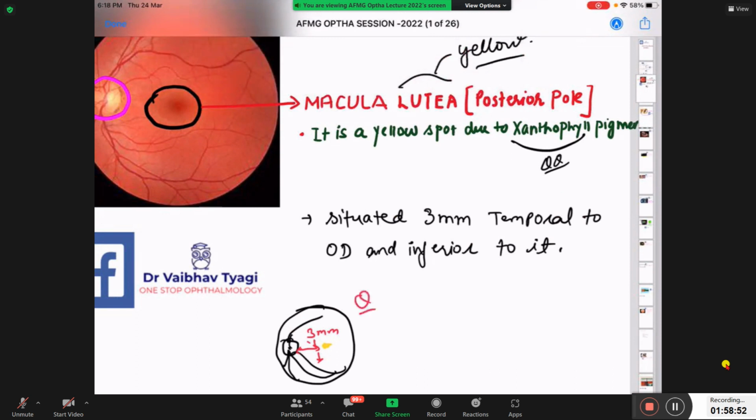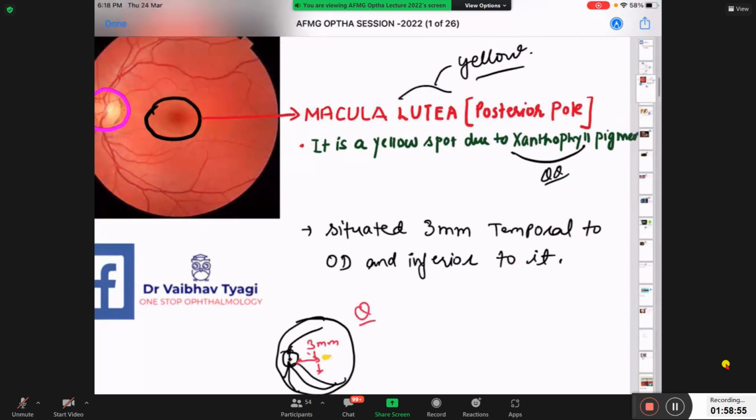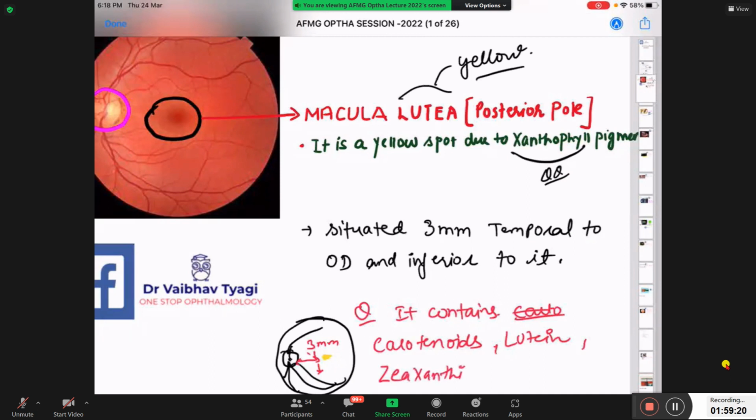Next important question, write down: the macula lutea contains certain pigments which are called carotenoids. It contains lutein. It contains zeaxanthin.